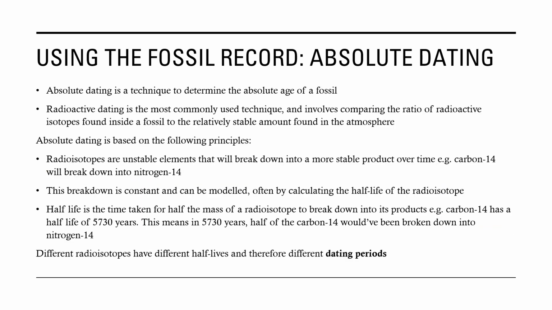We then have absolute dating. So unlike relative dating, this gives us an absolute age of the fossil. So it's a lot more accurate and a lot more precise in the age that we can give it. So radioactive dating is the most commonly used technique. And this is when we use radioactive isotopes that are found in fossils. We compare them to stable amounts in the atmosphere.